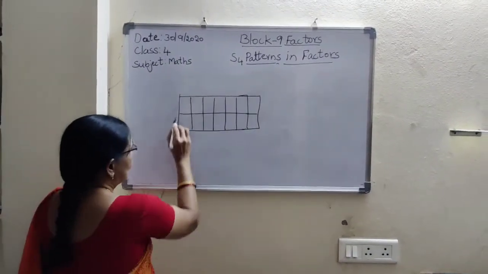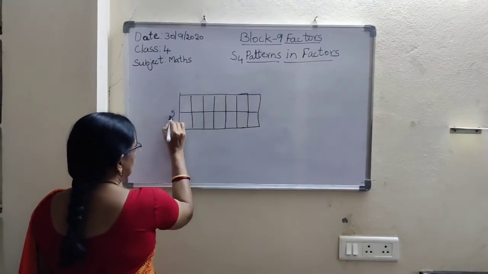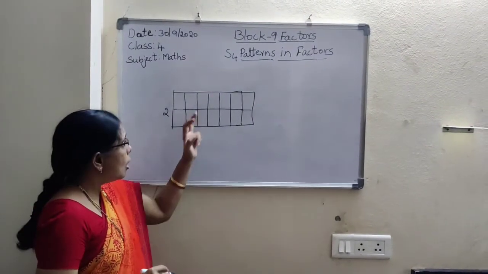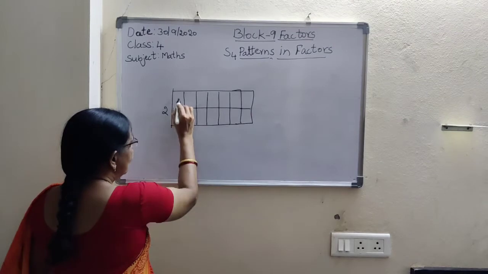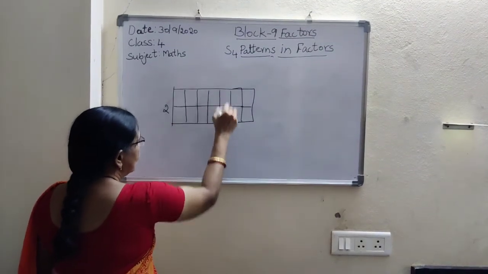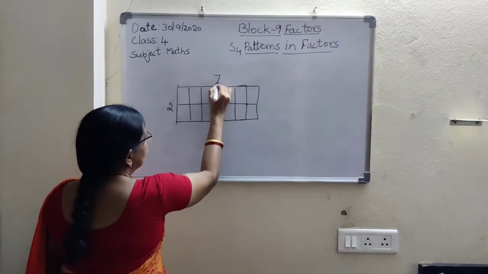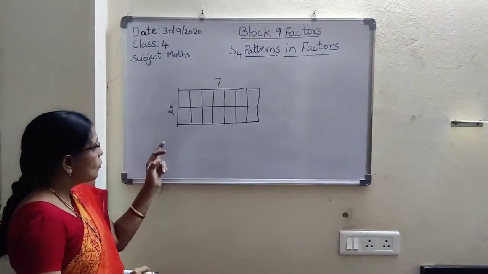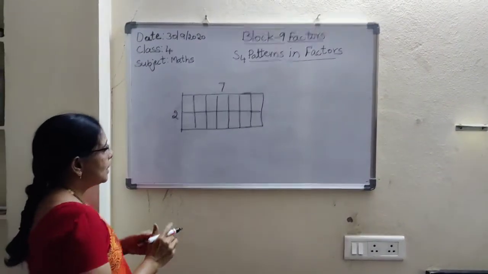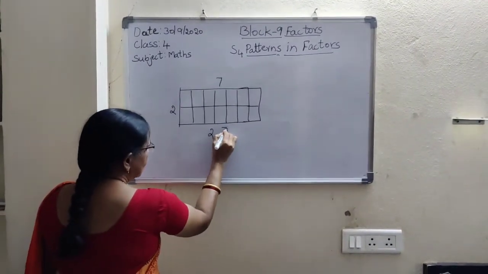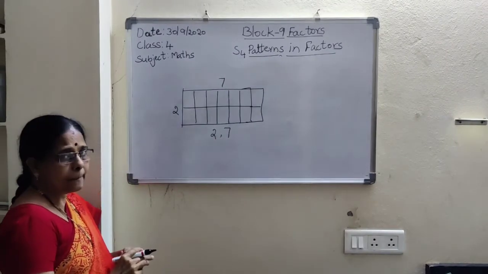See this figure. How will we write the factor pair here, children? 2 rows, so you write here 2. How many columns here? 1, 2, 3, 4, 5, 6, 7. 7 columns. So what are the factor pairs here? 2 and 7 are the factor pairs.